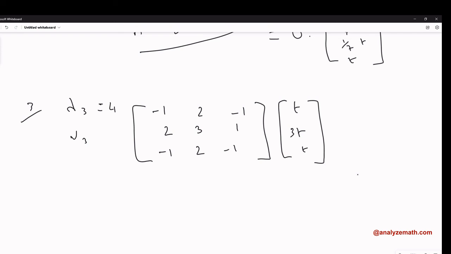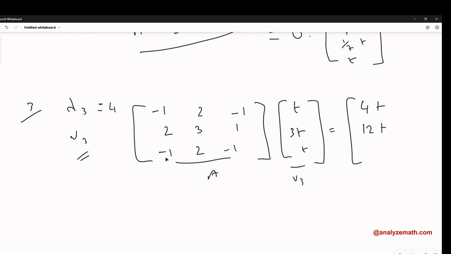We now go and check the last one, lambda 3 equal to 4 and v3. So here is A, and this is v3. Let's do the multiplication. Here it's quite simple, there are no fractions. Negative t plus 6t minus t is 4t. Then 2 times t plus 3 times 3t, 9t, plus this, gives me 12t.